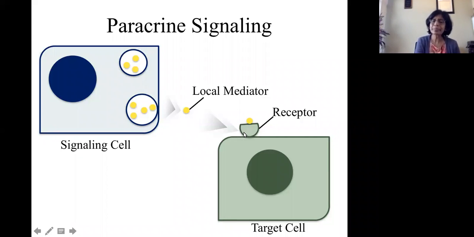A good example of this type of communication is prostaglandins. Prostaglandins were given the name because they were first discovered in the prostate gland. However, these local hormones happen to be made elsewhere too. Endothelial cells make prostaglandins, platelets make prostaglandins.